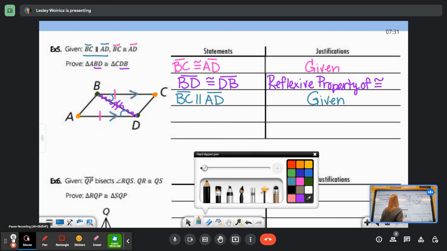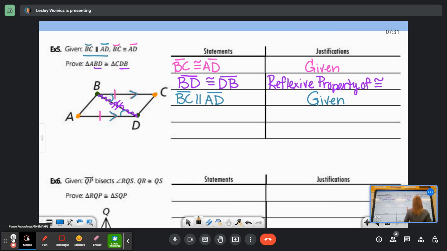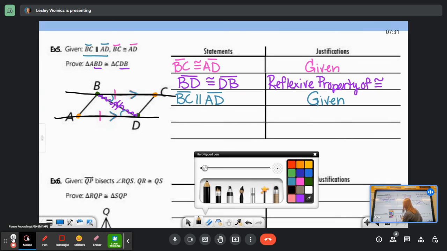Now, because those are parallel, I have a Unit 1 situation here. I'm going to extend my parallel lines so you can see what's happening. And I'm going to shade my interior.